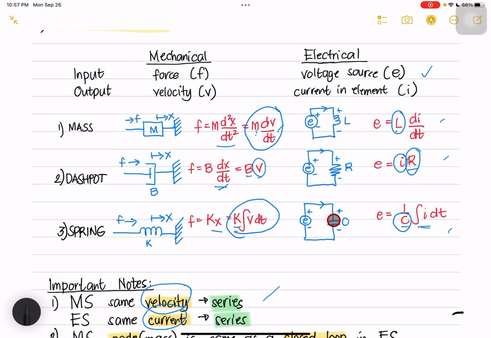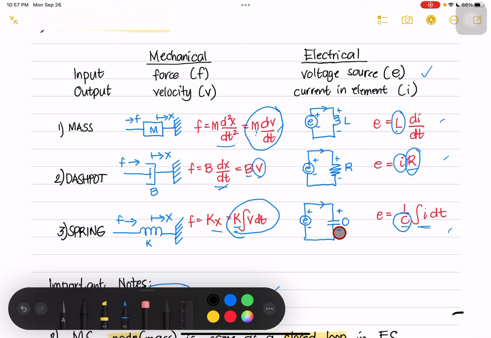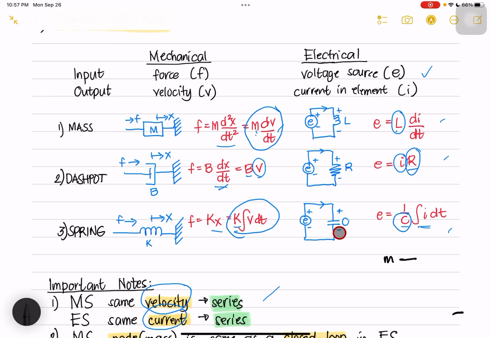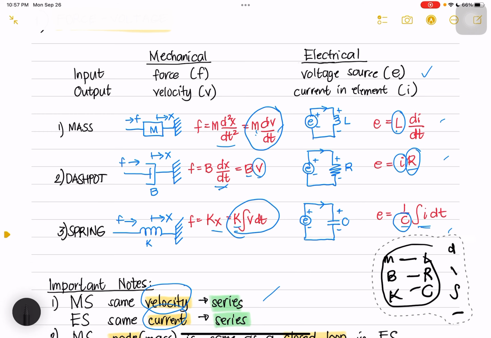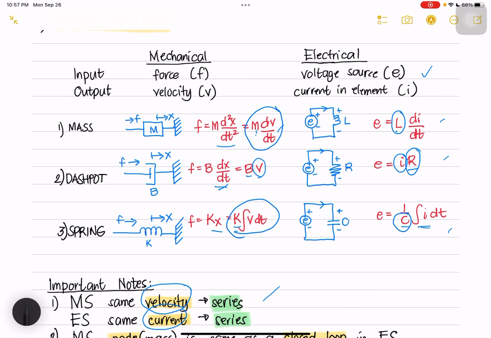So M will be L, B will be R, K will be C. Okay, so ito lang yung tatandaan. Ito ay may d, ito ay wala, ito ay integral. So just shortcuts for you to easily remember. You can have your own mnemonic for this as well.